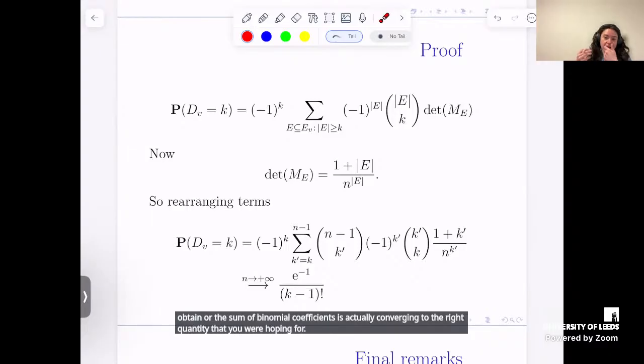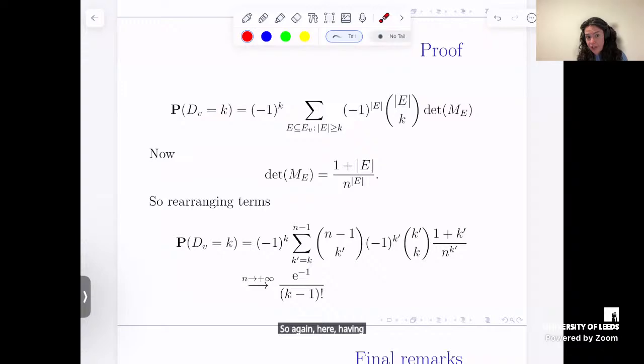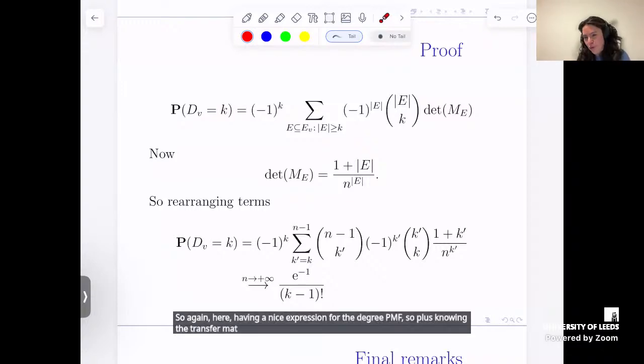So again, having a nice expression for the degree PMFs plus knowing the transfer matrix enables you to compute this sort of limiting results. And that's morally what we were doing, maybe in a less convoluted fashion, for the height one field.